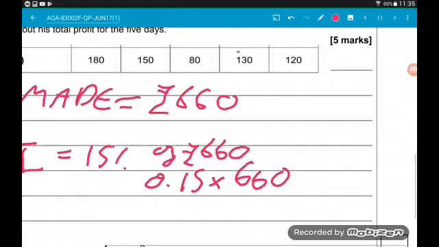I haven't got my calculator on me, so give me 2 secs. 10% would be 66, so 5% is 33, so we should get £99. So that's the cost of his ingredients.